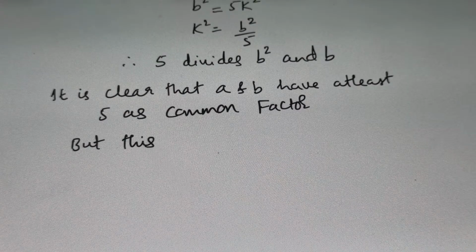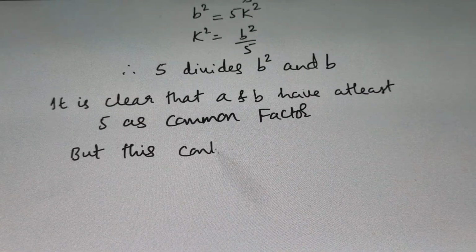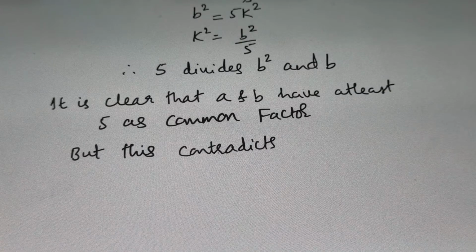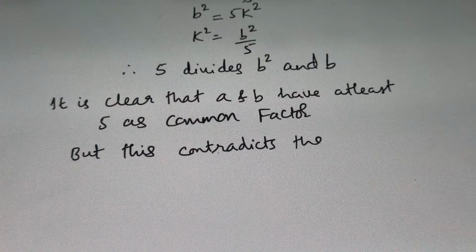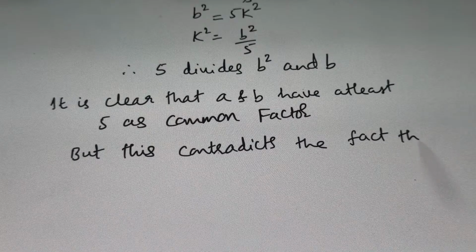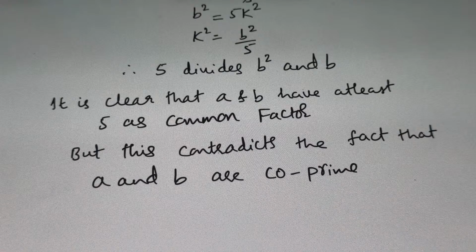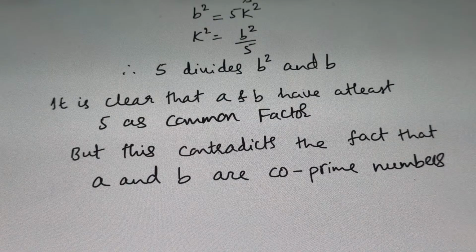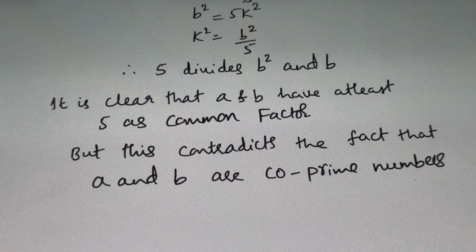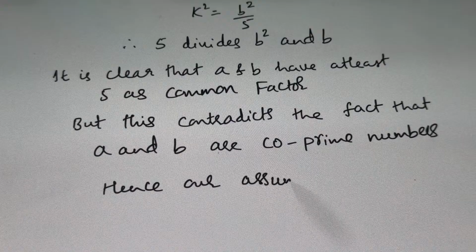But this contradicts that a and b are co-prime numbers. Hence, our assumption is wrong.